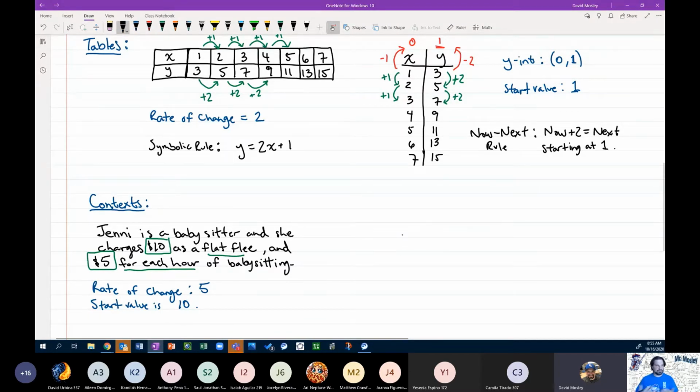We could have the same babysitter, and she's maybe trying to find out what's the best price. So we'll have Jenny, again, as a babysitter, and she is testing different prices to charge.